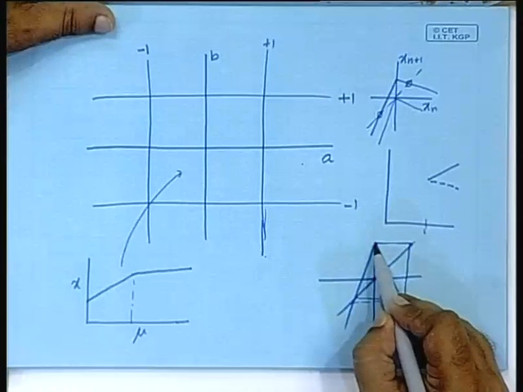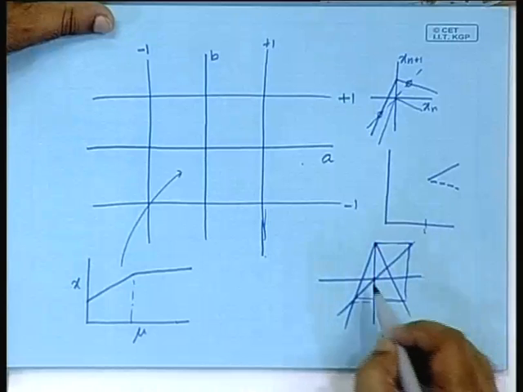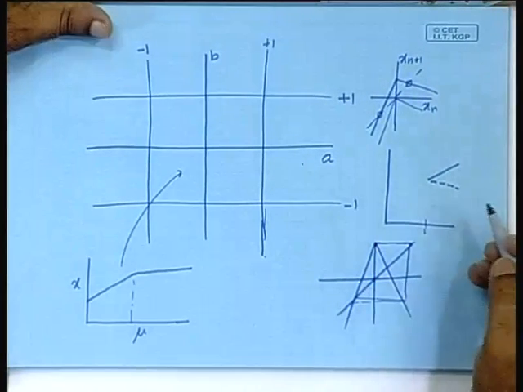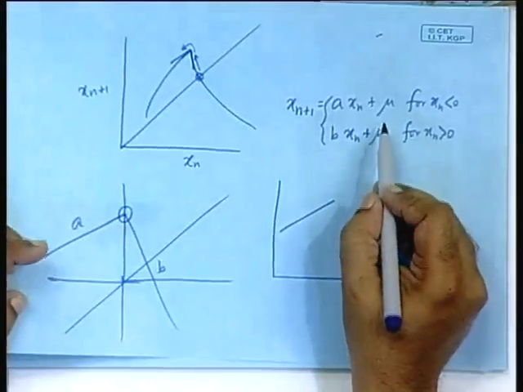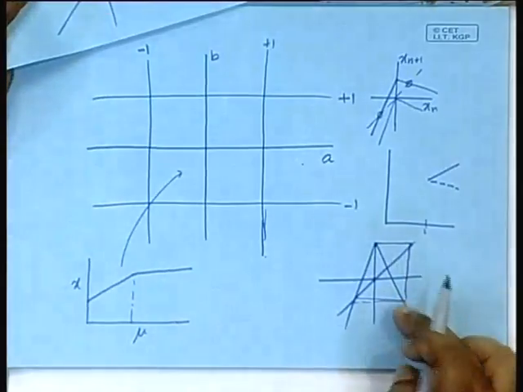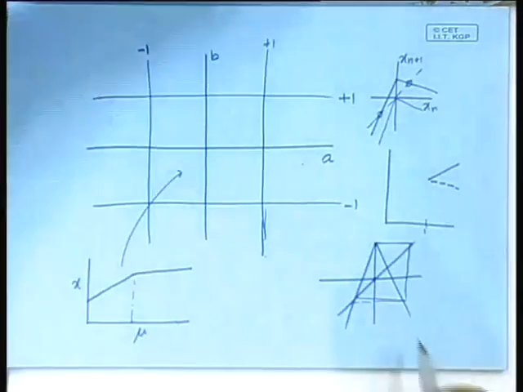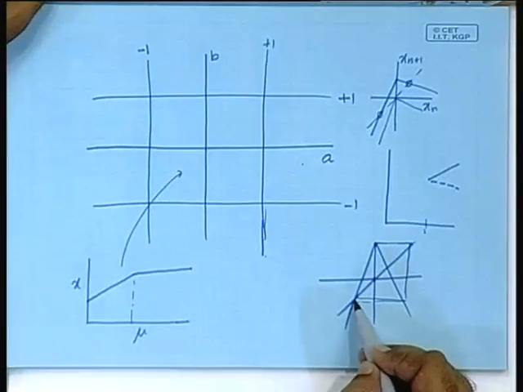The next question: where does mu map? So, if in some iterate x n equal to mu, where does it map? Just put it here, it will map to this side. So, put it here, b mu plus mu, and you find out where it maps.